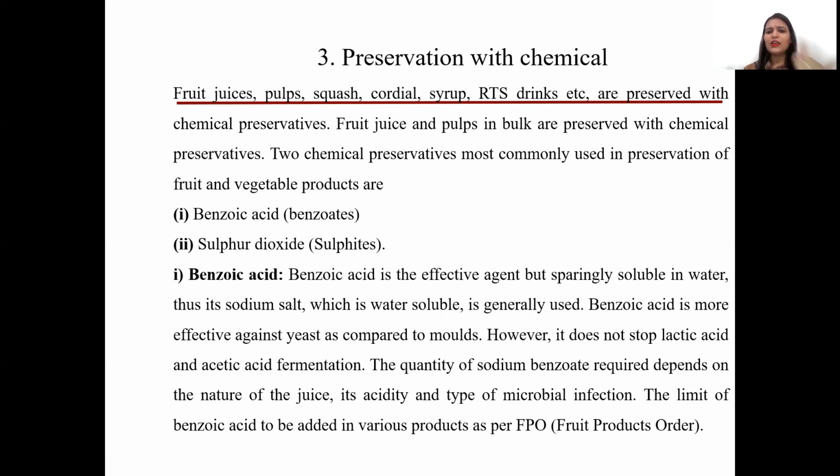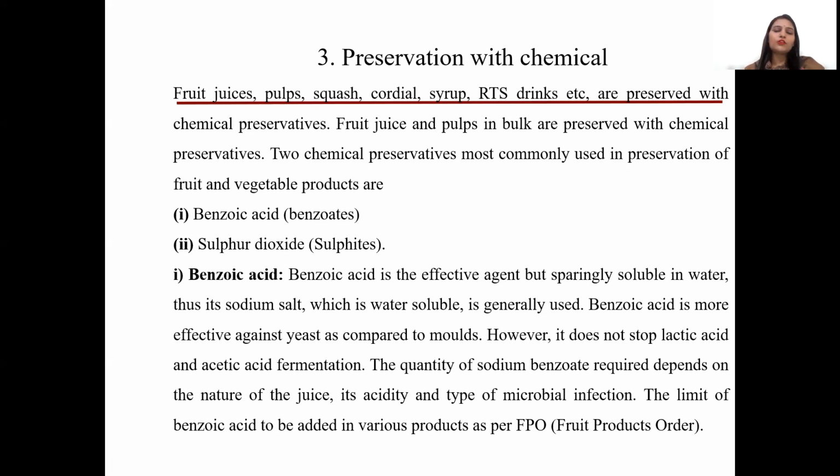For violet juices, berry juices, plum juices, we have to use sodium benzoate. Got it?